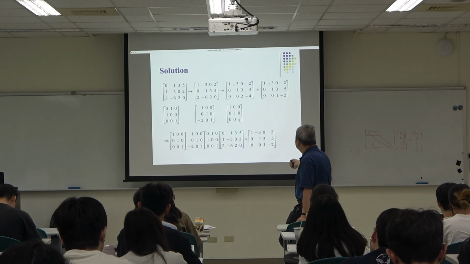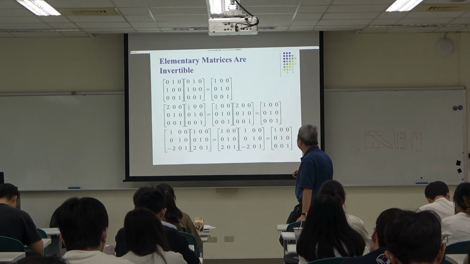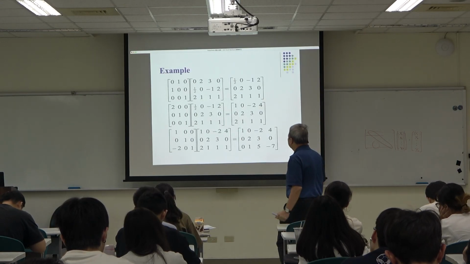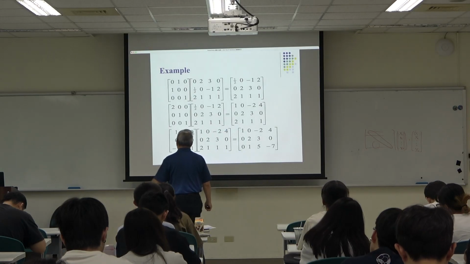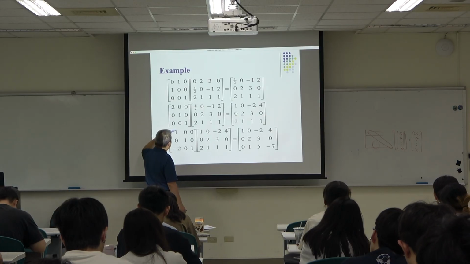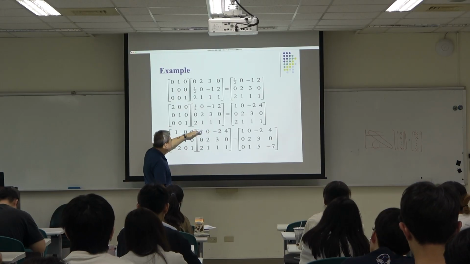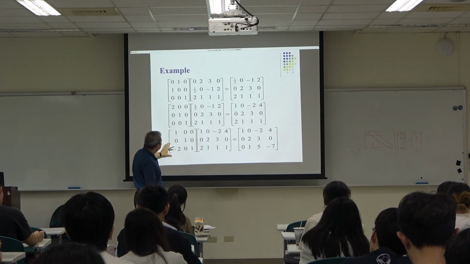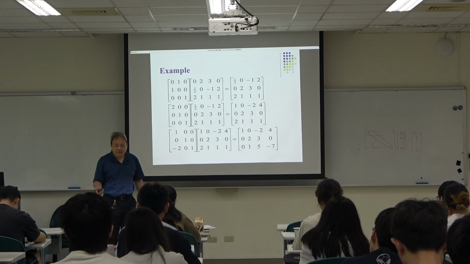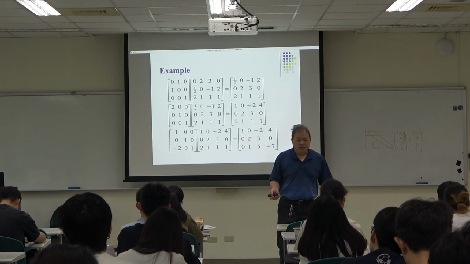this is an elementary matrix for multiplying one row by a scalar. This is an elementary matrix for multiplying the first row by -2 and adding it to the third one. You can see these two must be lower triangular matrices.